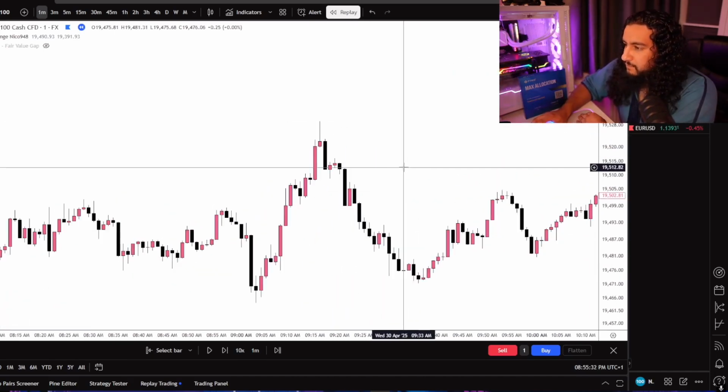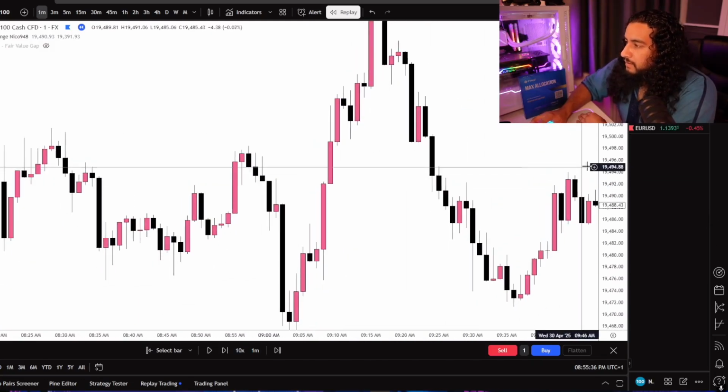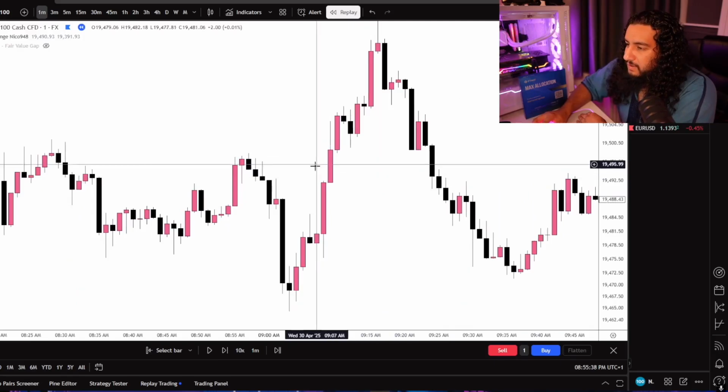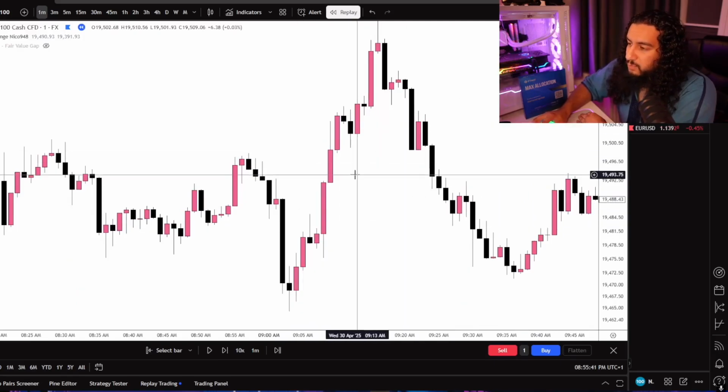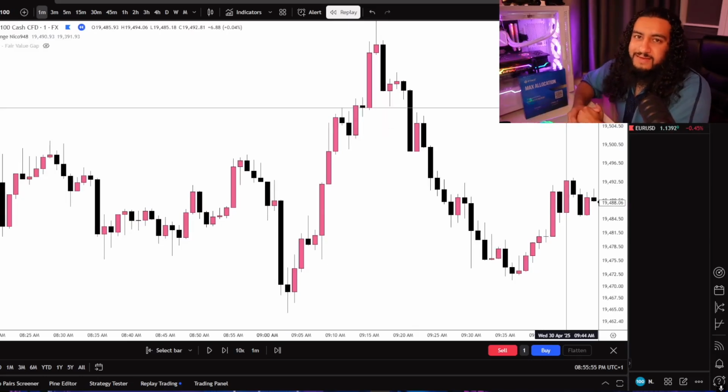So we can see in this example right here, we have an area of inefficiency or a fair value gap. How we mark out an inefficiency or spot one is basically an area between 3 candles typically, where wicks do not meet, where they do not touch.